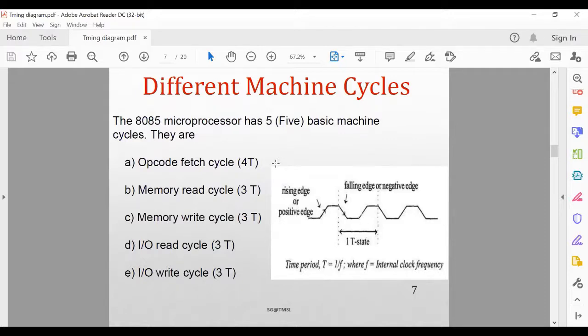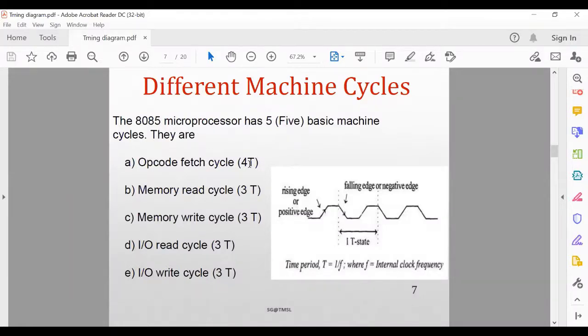What are the exceptional instructions? Those that require more than 4 states to perform the opcode fetch machine cycle. But right now we have to remember that for most instructions, 99% of cases, all instructions need 4 states to complete the opcode fetch machine cycle. And every instruction's first machine cycle will be the opcode fetch machine cycle. Now, the opcode tells which operation is to be performed.